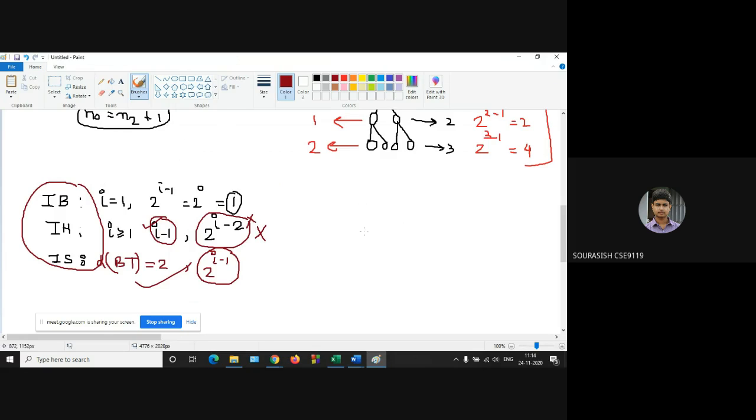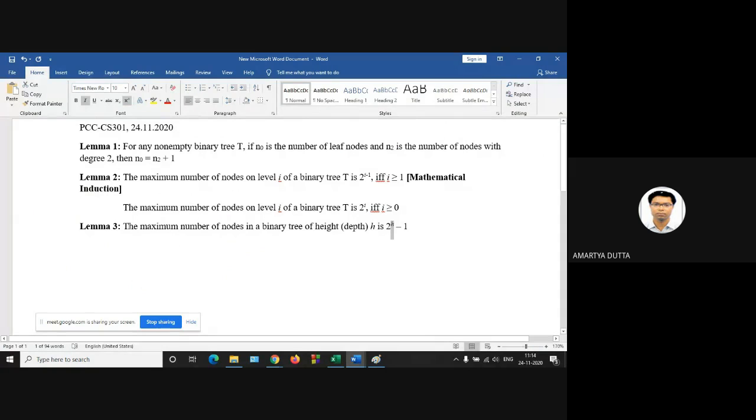Okay, it is given that the maximum number of nodes in a binary tree of height h is 2 to the power h minus 1.